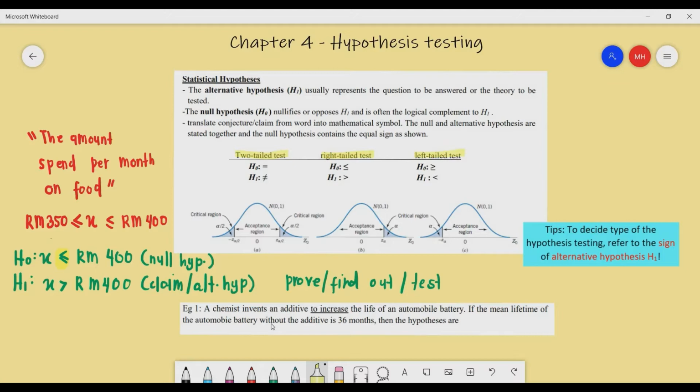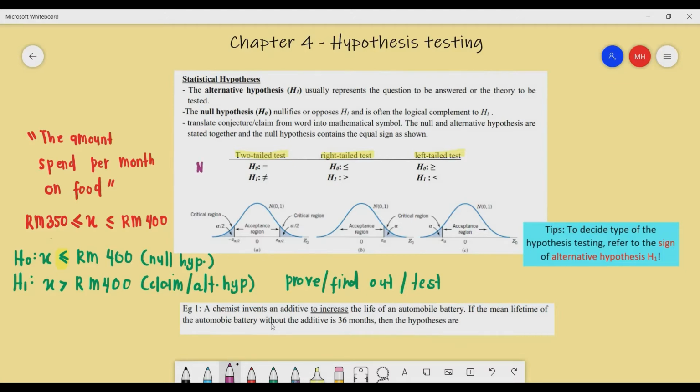So how can you decide which type of test belongs to the hypothesis testing? You can look at the tips here that I put in green color. To decide the type of hypothesis testing, you need to refer to the sign of the alternative hypothesis, which is H1. Let's take a look at the table here.